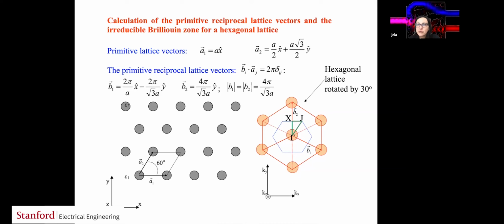Except that it's rotated by 30 degrees relative to the original one, right? And of course, it has inverse lengths. It doesn't have actual length. So for this one, nearest neighbors would be along the 0 and 60 degrees directions. For this one, it would be 30 and 90 degrees. You see that, right? So it's a rotated triangular lattice. Okay. Does that make sense?